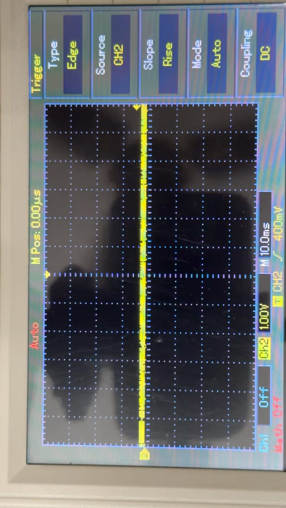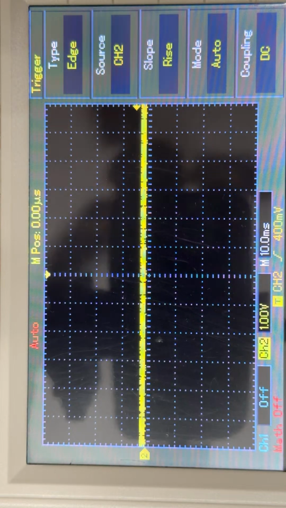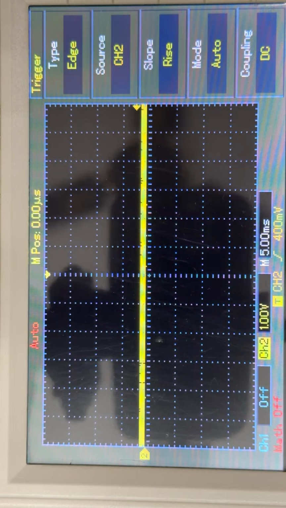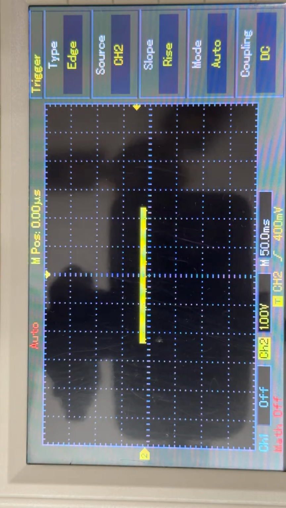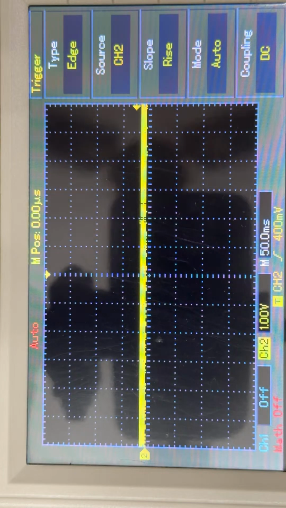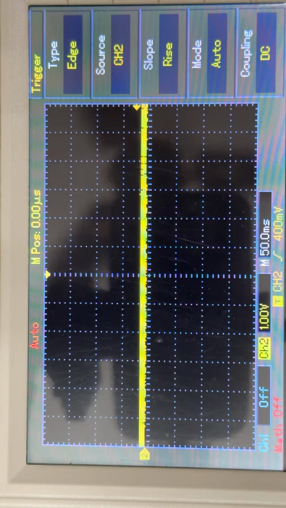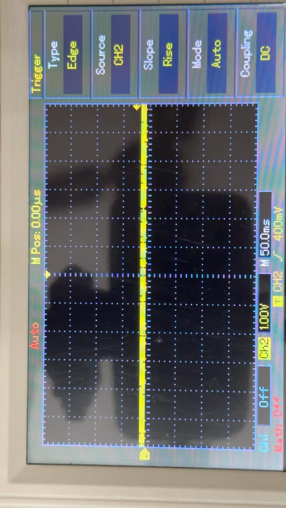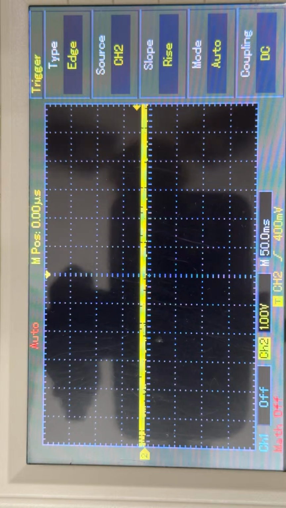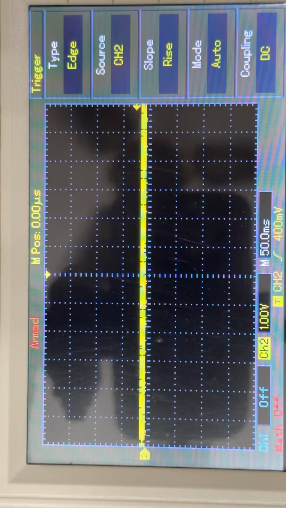It is shifting a little bit. So that is what we wanted to discuss today, how things behave.